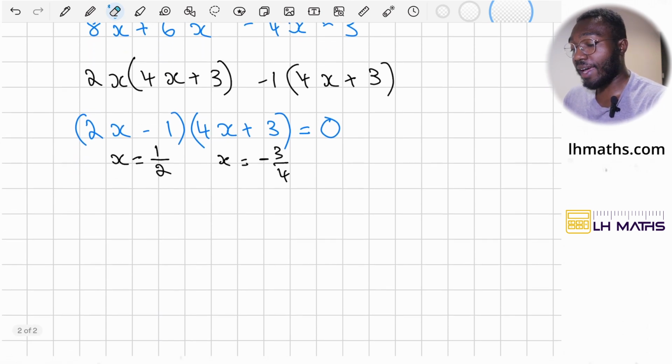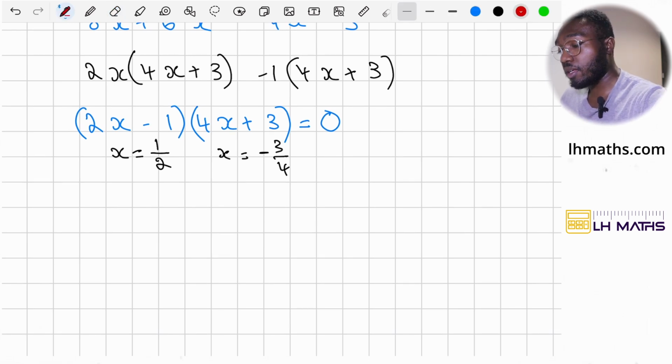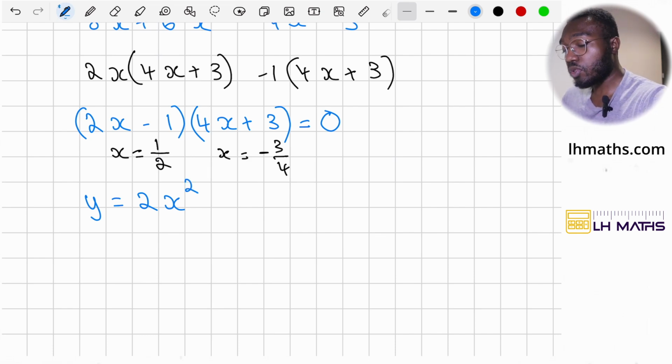So if we have that x is equal to minus 3/4, then all we need to do now is work out our y value. So on the curve, we know that the equation of the curve is y is equal to 2x squared, as they tell us in the question. All we need to do now is plug in our x value, which is minus 3/4, and that should give us our y value.